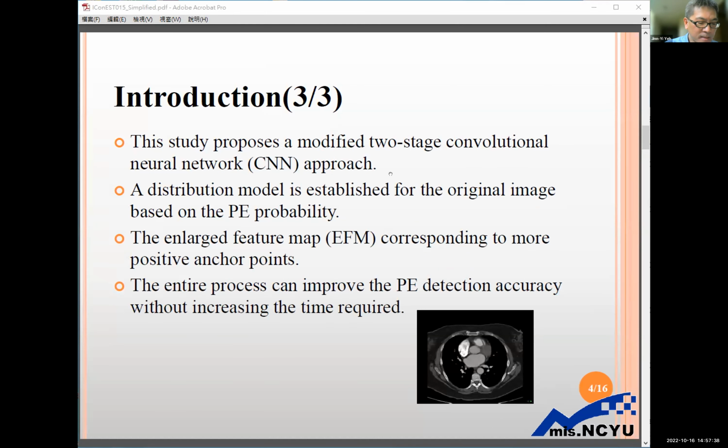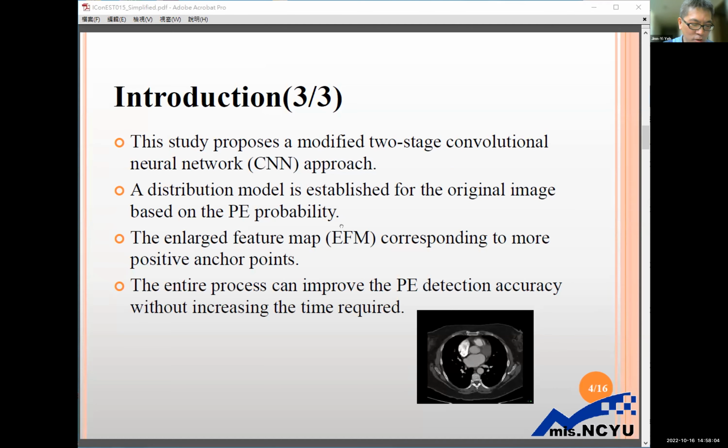So my study proposed a modified two-stage convolutional neural network, called the CNN approach, to automatically detect areas suspected of containing PE in CTPA images. A distribution model is established for the original image based on the PE probabilities.